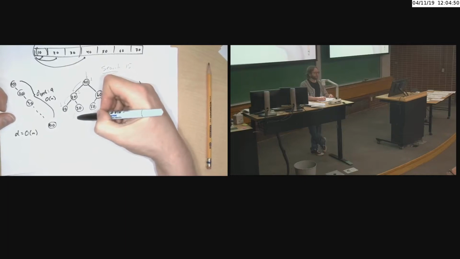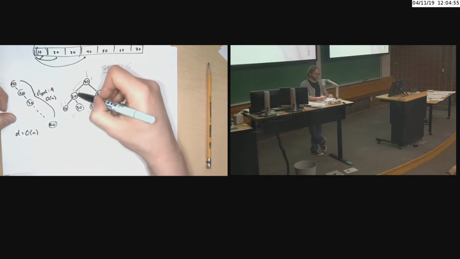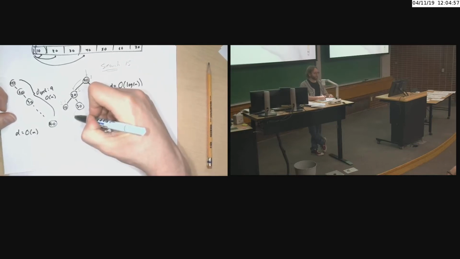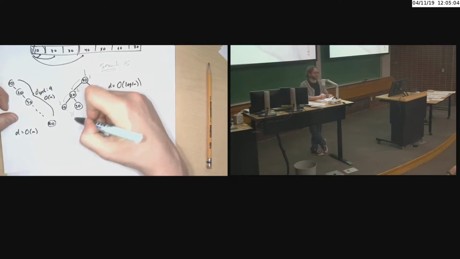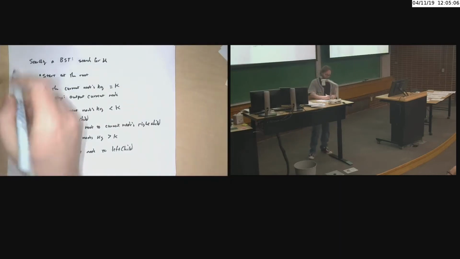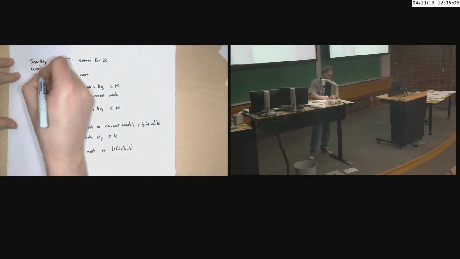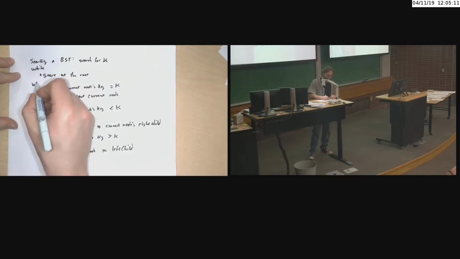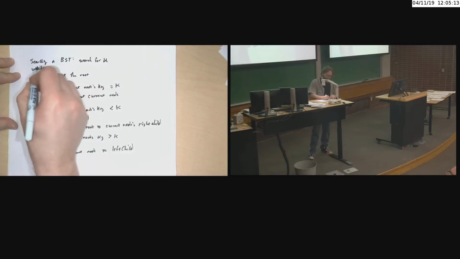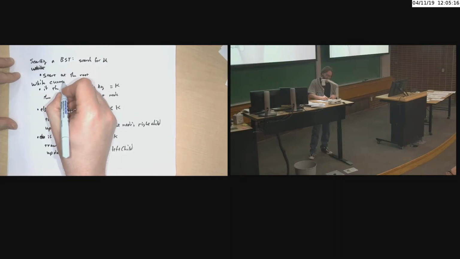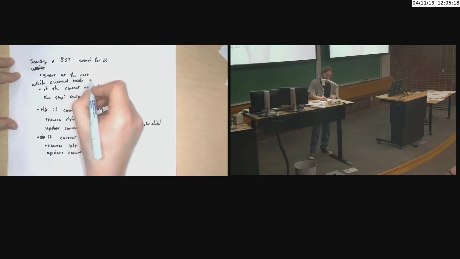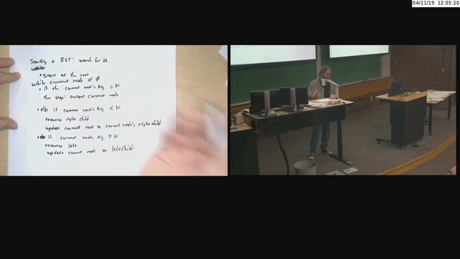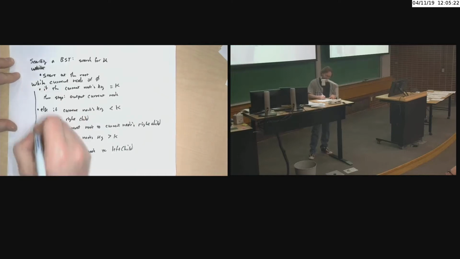So what's my stopping condition? The current node is now null, nil, phi, whatever flag value you want to put in there. Stop. Unsuccessful search. So all of this is wrapped in a while loop: while the current node is not nil, phi, whatever, then continue this process.